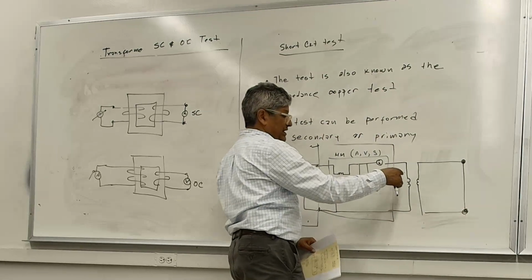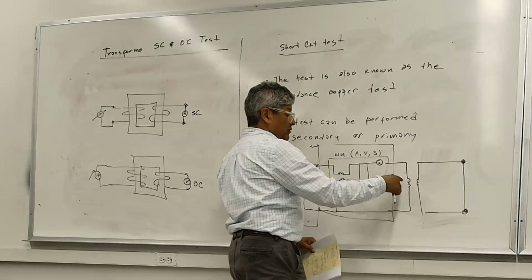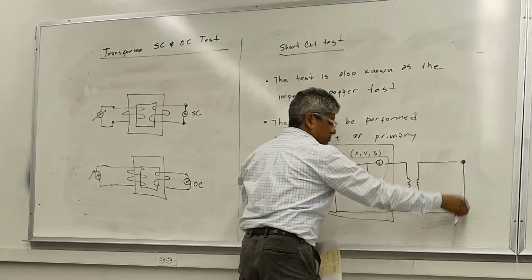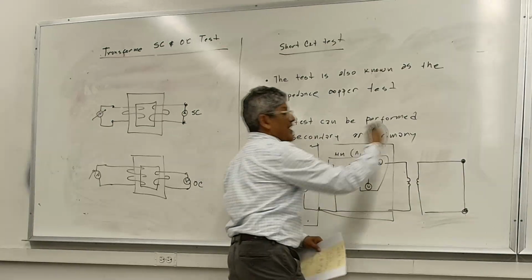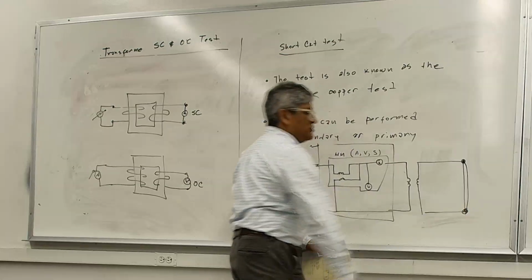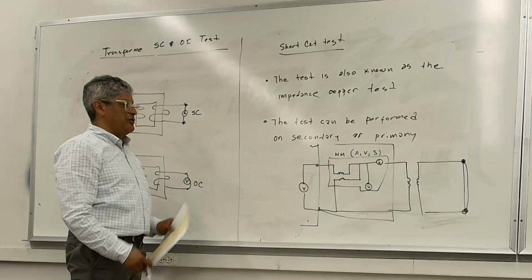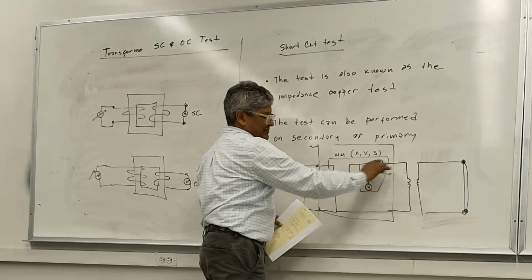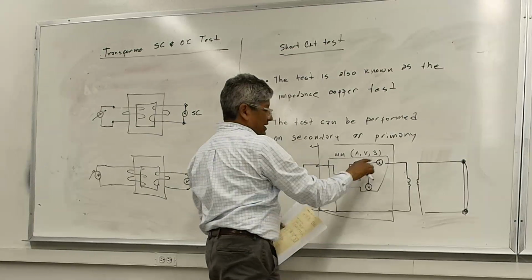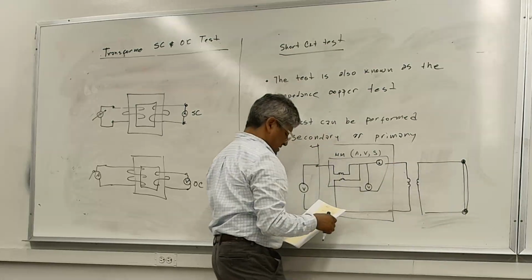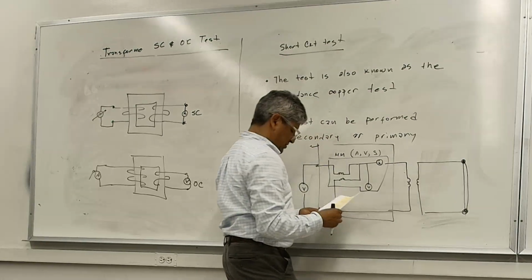So this, once again, this is the primary. On the high side, give me the low side, doesn't really matter. All I do is on the side of the transformer there's no source, I connect the two terminals together like that, just short them out. Okay? Basically it's the same concept that I was explaining there.